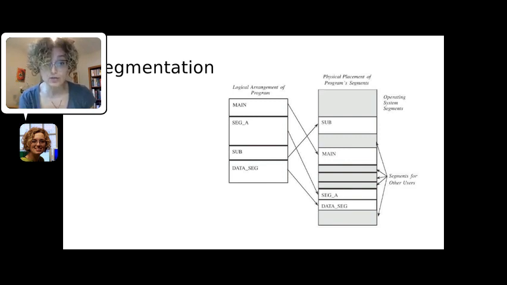So we divide the program into pieces with logical unity, and then we characterize the segments with a tuple of name and segment. As you can see here, the name of the segment, main for example, corresponds to a specific address, where it starts from and where it ends.